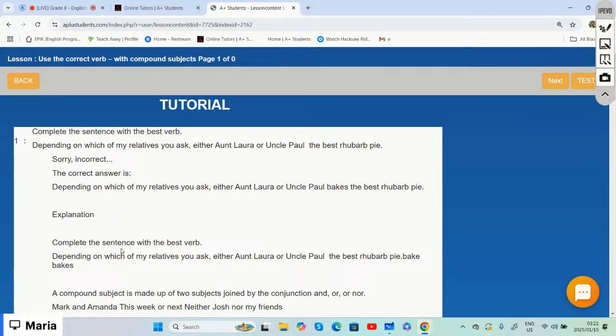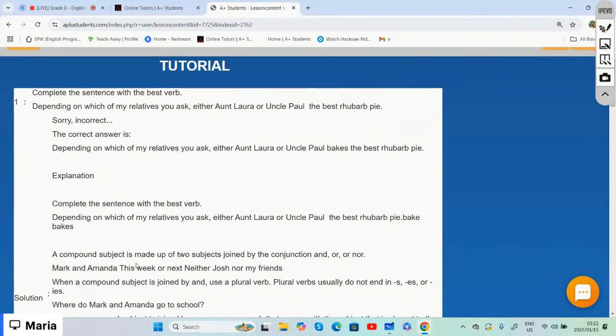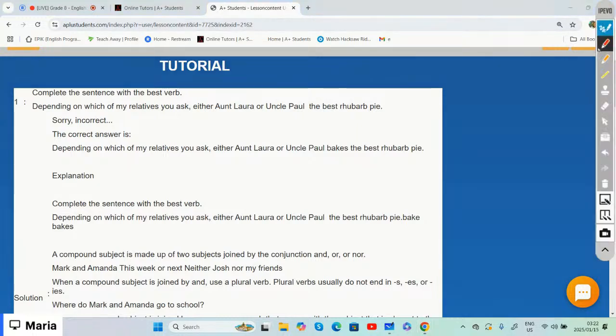Depending on which of my relatives you ask, either Aunt Laura or Uncle Paul, do we say bake or do we say bakes the best rhubarb pie? Which one is correct? It says depending on which of my relatives you ask, either Aunt Laura or Uncle Paul, do we say bake or do we say bakes the best rhubarb pie?